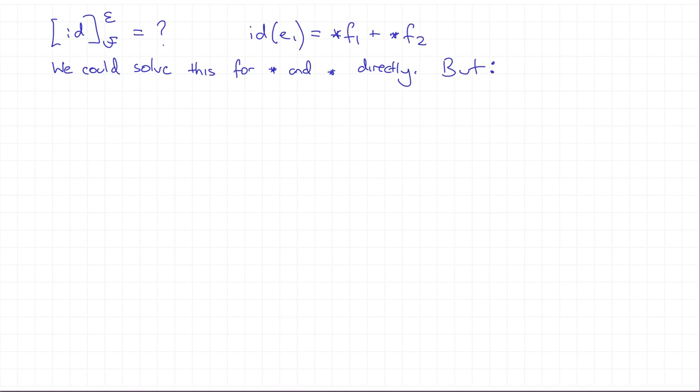So let's consider what happens when I multiply the matrix of the identity with respect to initial basis E and final basis F, and the matrix of the identity with respect to initial basis F and final basis E. The theorem on the matrix of a composition of linear maps tells you that this is the matrix of the identity composed with the identity with respect to initial basis F and final basis F.